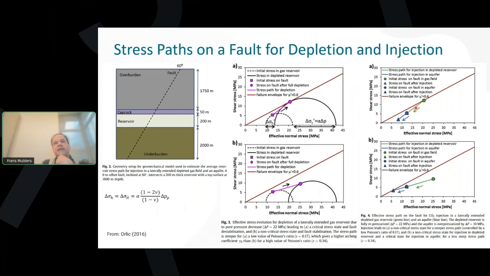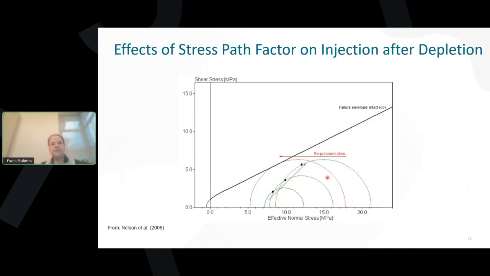This numerical model actually predicts that, if the geometry is simple, you actually move back along the same stress path as before, and if you continue injecting, it remains like that. Yeah, so our Mohr circle here should actually become smaller.